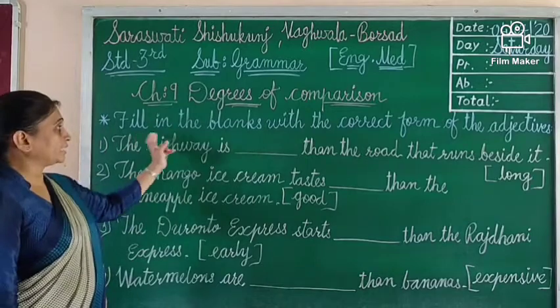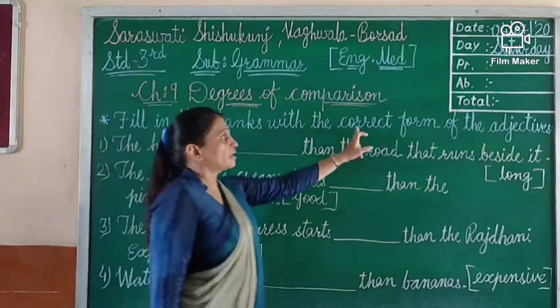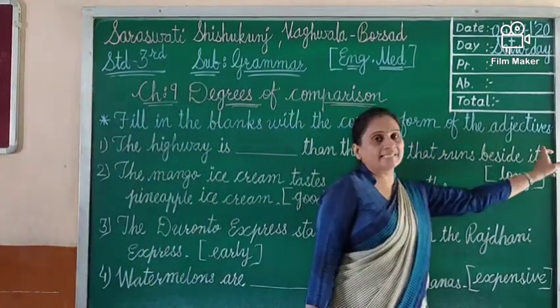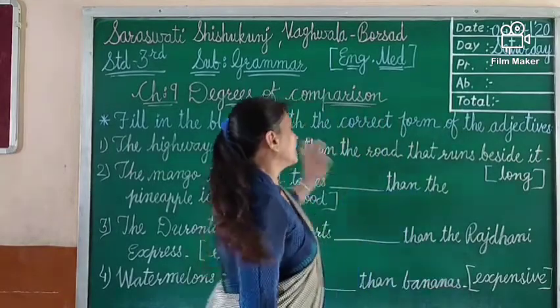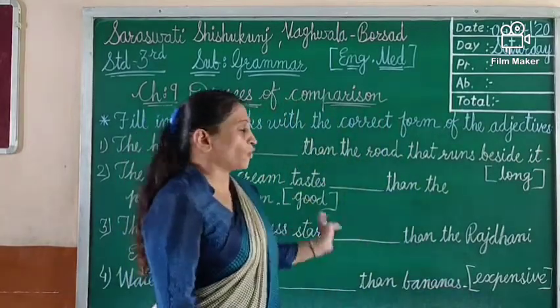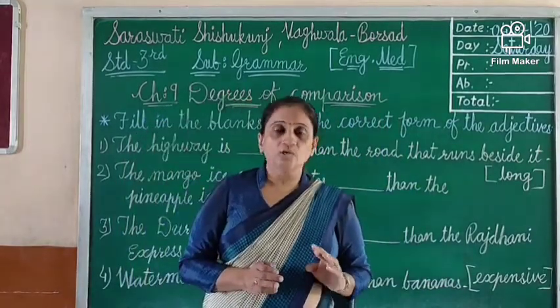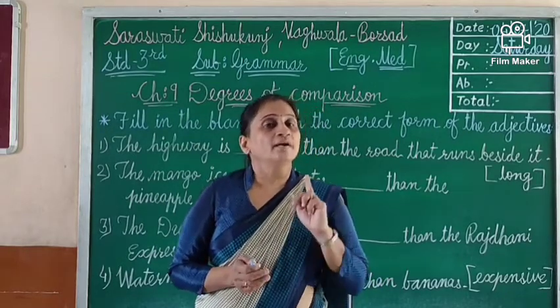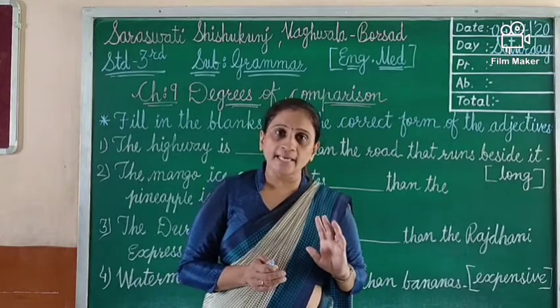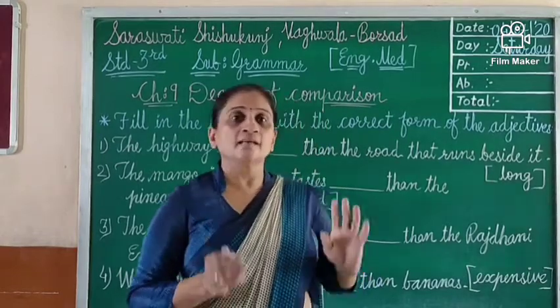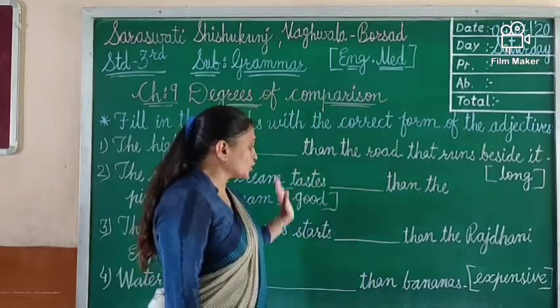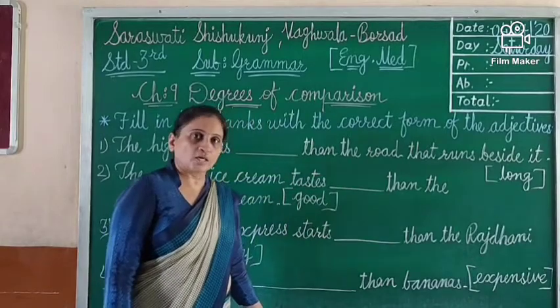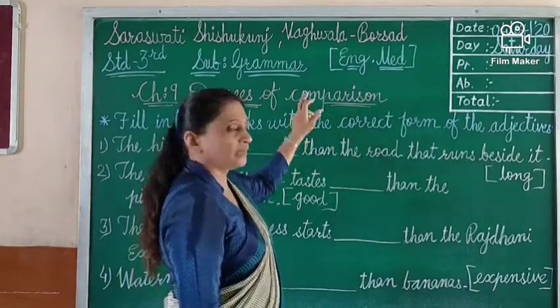Now see, fill in the blanks with the correct form of the adjectives. Children, in these blanks I took four different examples, so according to these examples you can fill your worksheet very easily. Already you are getting answers, but I took different examples of this comparison degree.